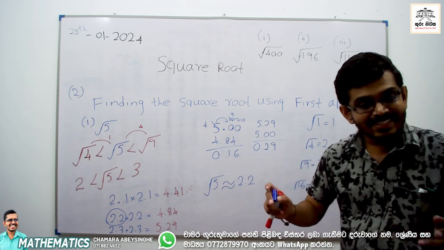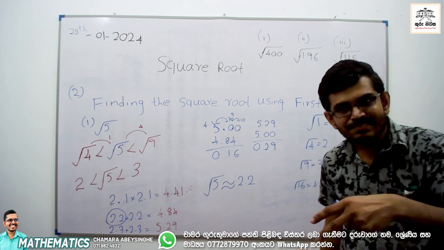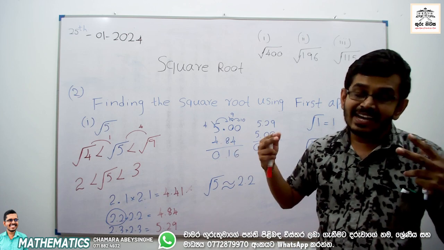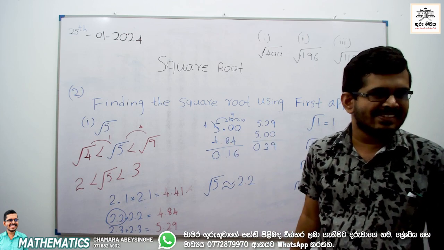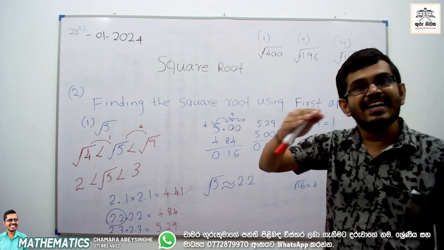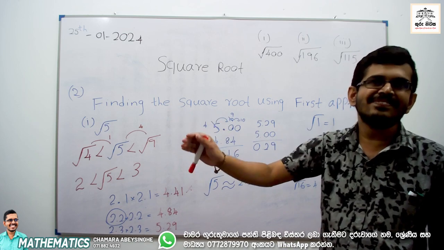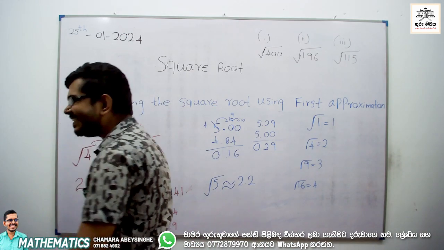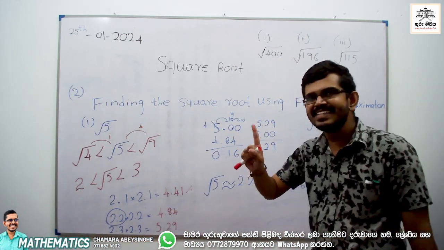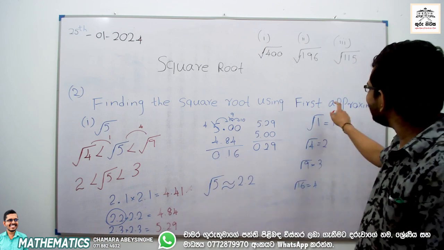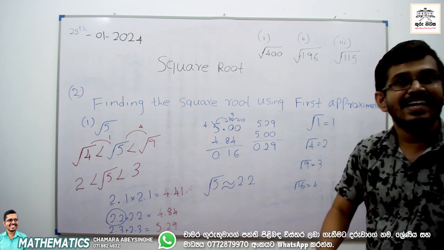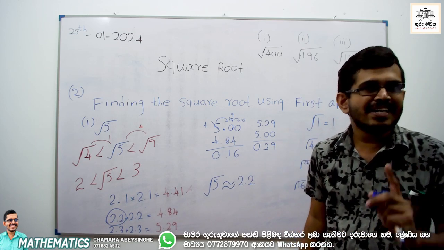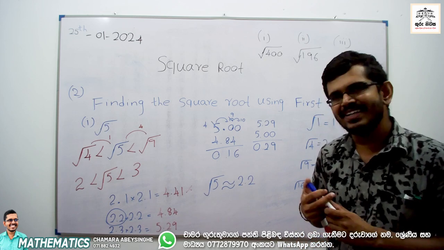If you use the calculator to find the square root of 5, you can see a lot of decimal places on the screen, as many as it can show. This is 1 decimal place. That is why we call this the first approximation. Here the answer is only to 1 decimal place.